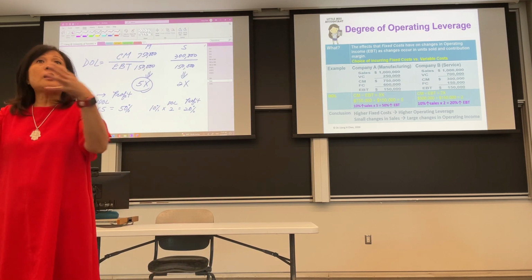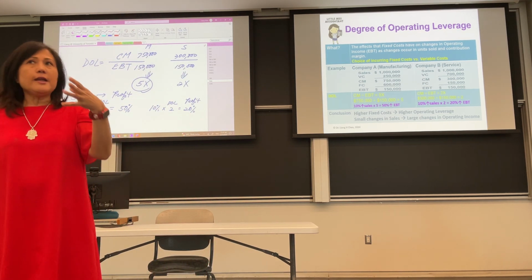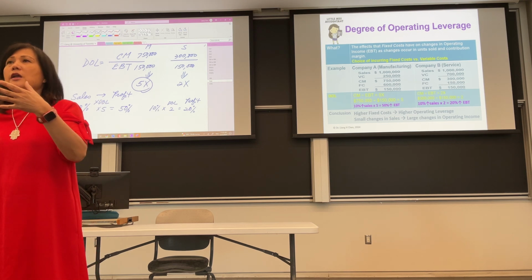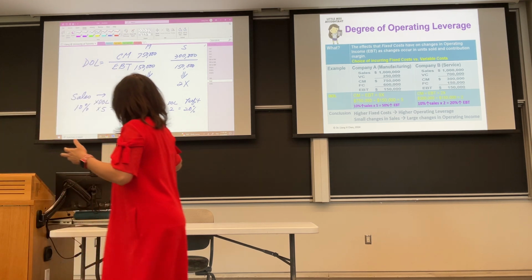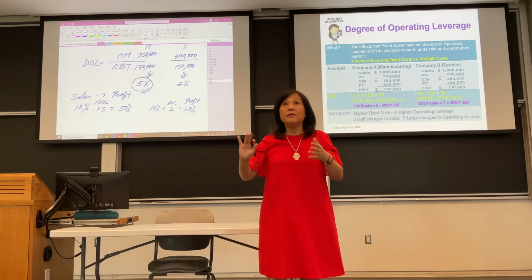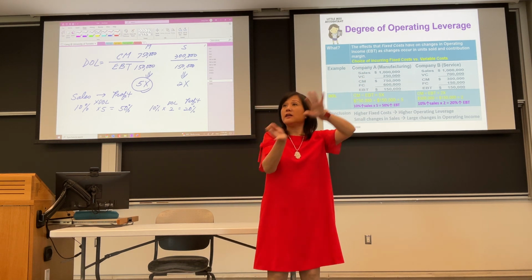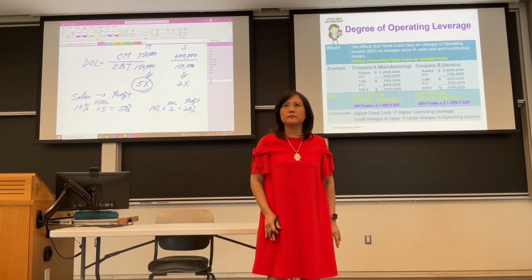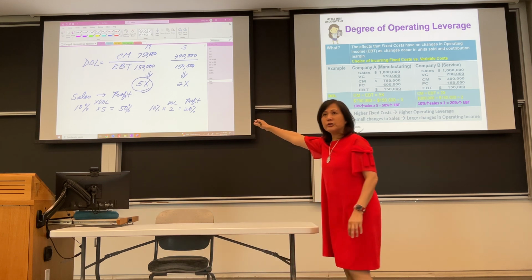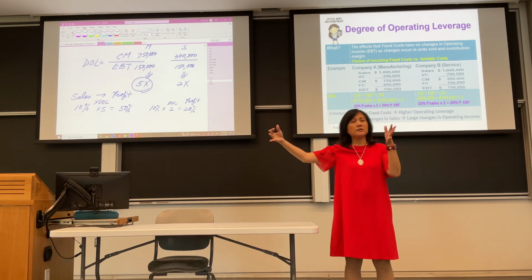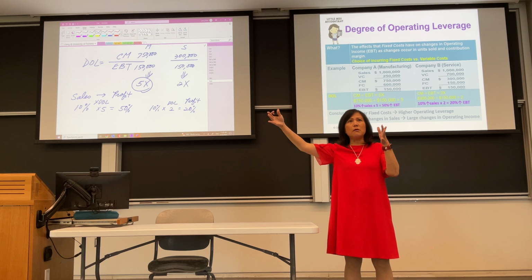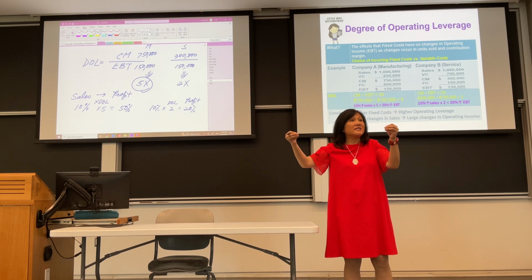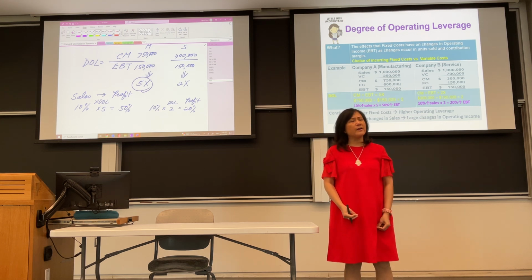Fixed cost doesn't grow. Only the variable costs grow. If 10% sales increase meant 10% profit increase, then everything would be variable cost. Because a certain portion of the cost structure is fixed, the more you sell, the more it's spread out over more units. Per unit, fixed cost is smaller. That's why you have more profit.